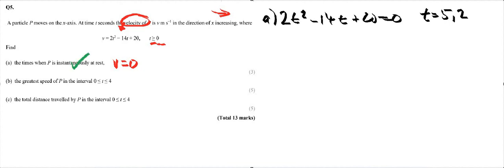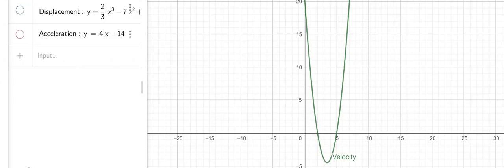Easy. Second part, the greatest speed of P in the interval from 0 to 4. If I think about this, my velocity is a quadratic. So if we look at the quadratic, that's my velocity. What I'm looking for is the point where it's at its greatest between 0 and 4.